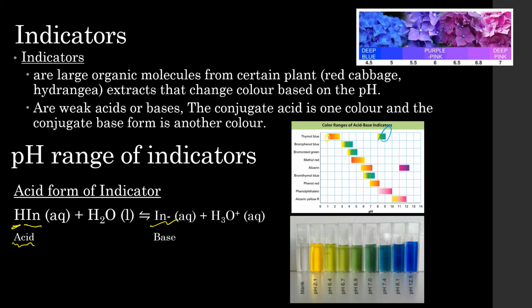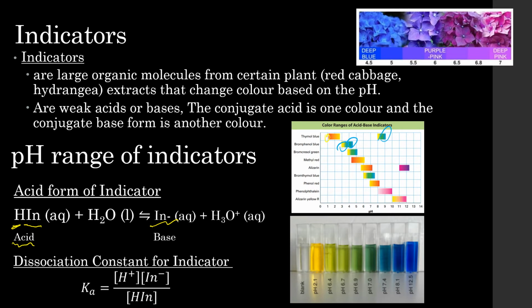If we've got bromothymol blue, we've got the acid side and the base side. So you can see that the colour that indicators change is different, and it's based on the acid or base form of that indicator.